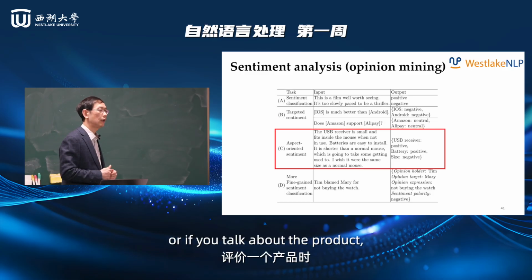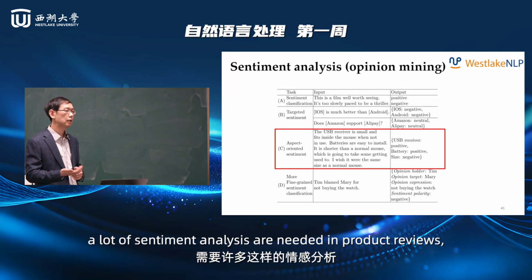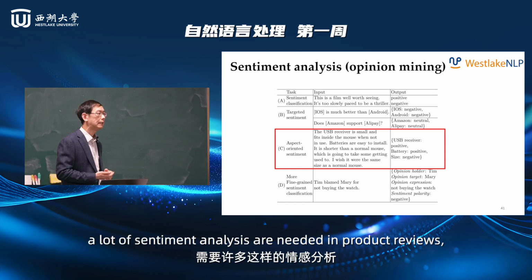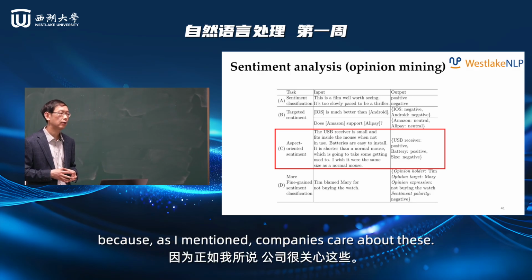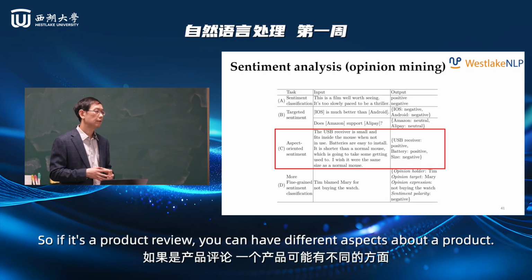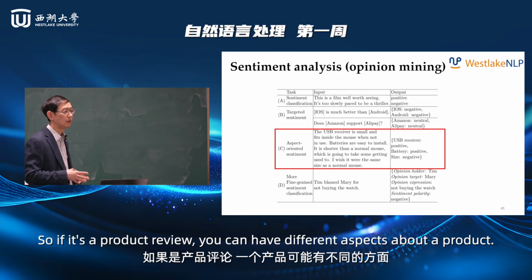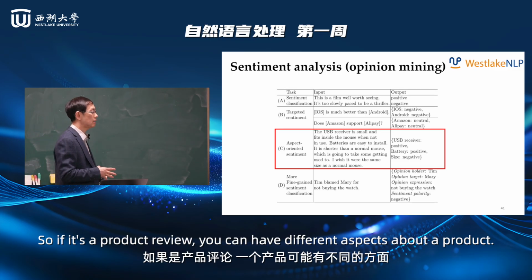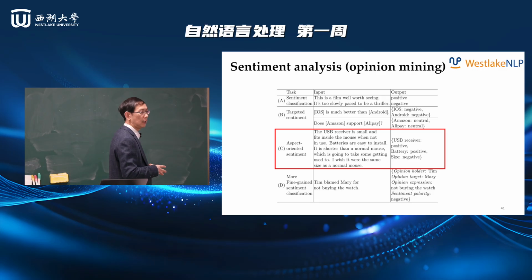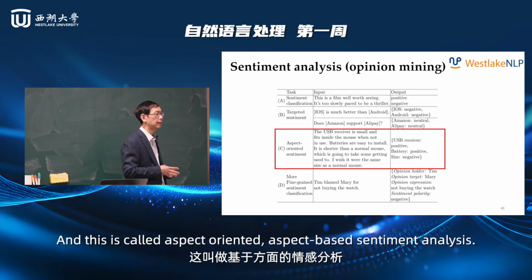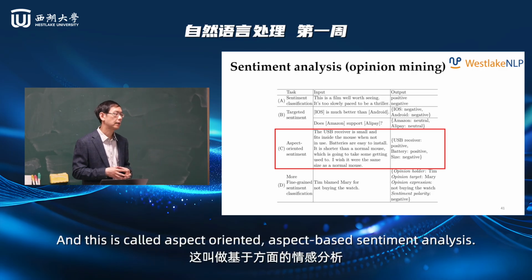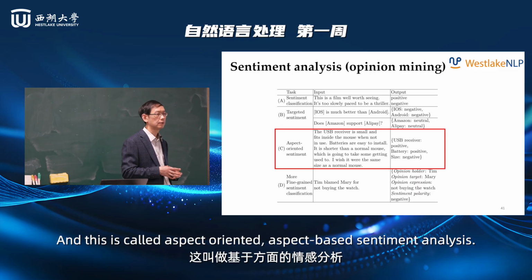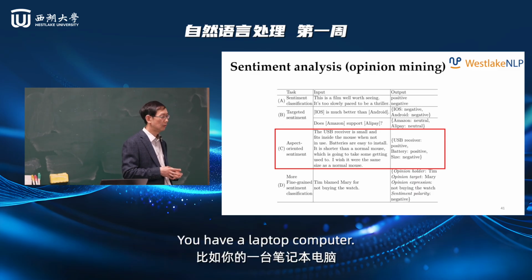A lot of sentiment analysis is needed in product reviews because, as I mentioned, companies care about these, right? If it's a product review, you can have different aspects about a product. This is called aspect-based sentiment analysis. Say you have a laptop computer.